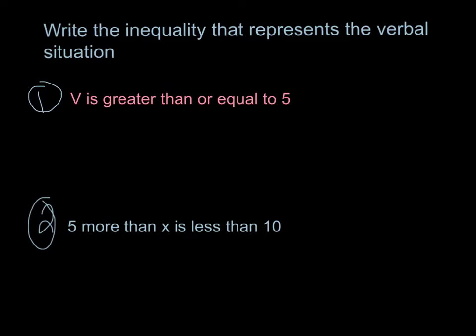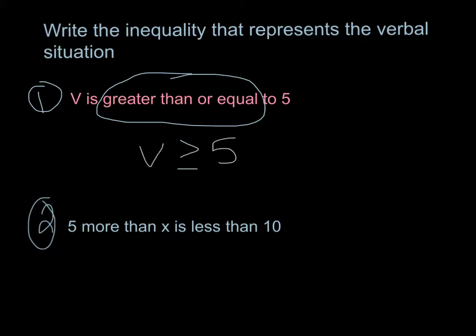So V is greater than or equal to 5. So greater than or equal to is that symbol, and V is greater than or equal to 5. The trick here to figure out which direction your symbol needs to face is it's open to the bigger thing. So in this case, V is greater than 5, so it needs to be open to the V. Okay?